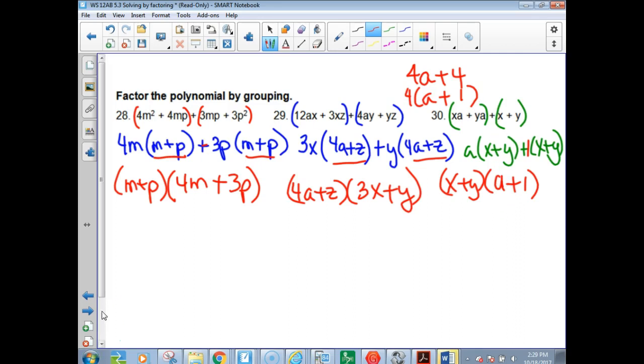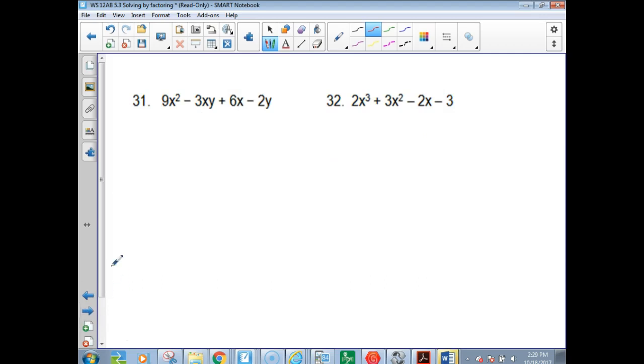How do we feel about this? Not too bad? Some people find this easier than the other kind of factoring, except when we get to more tricky ones. But let's do this one kind of quick. Why don't you try it and see if you get it before I do.